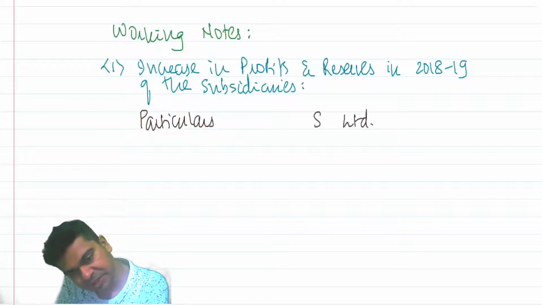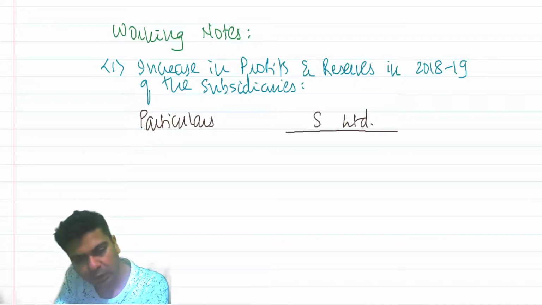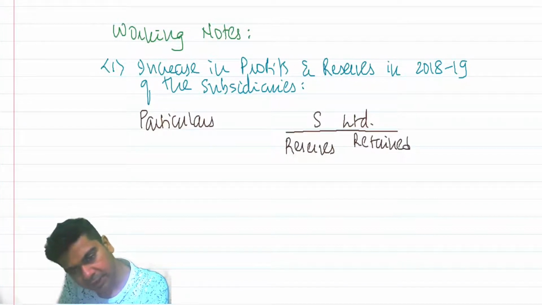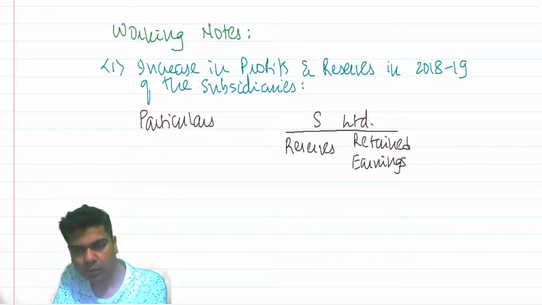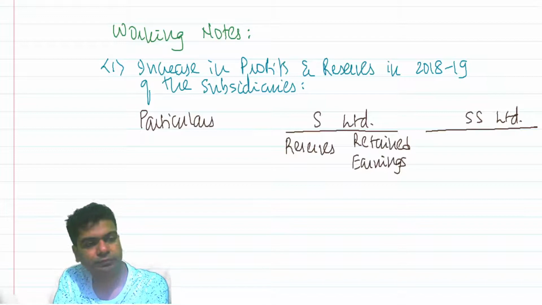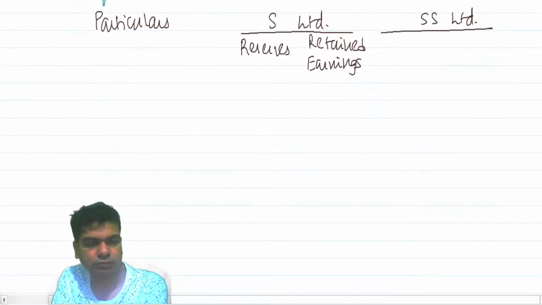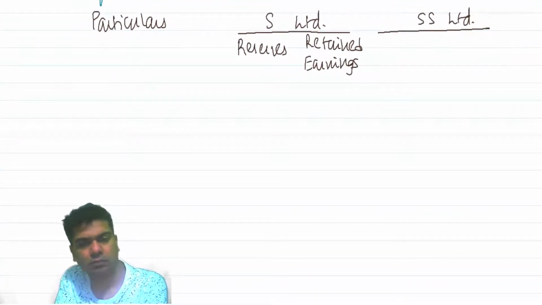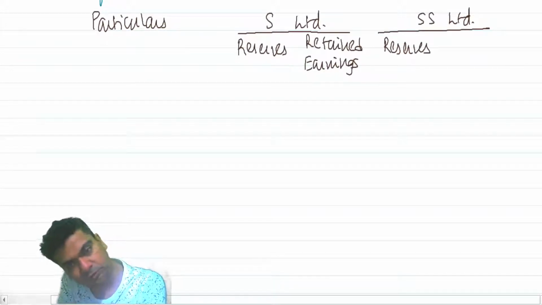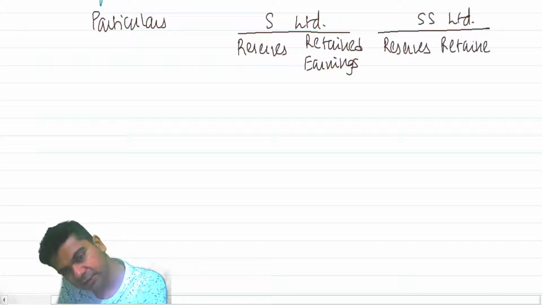We have S Limited, we'll say reserves and then retained earnings. We have SS Limited. Here also we say reserves and the retained earnings.